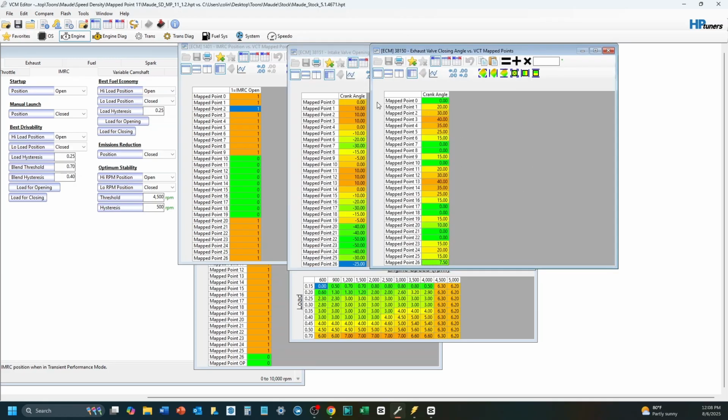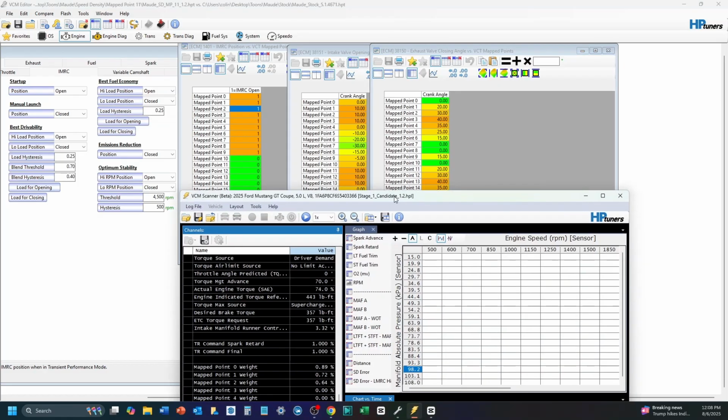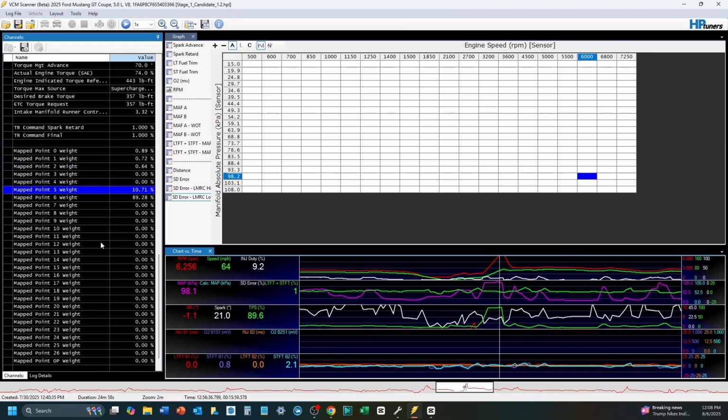Perfect. You can see, like other generations, 0 through 9 and then 10 through 19 are copies of each other. They're exactly the same crankshaft angles that we're dialing in. One is for when the IMRC is closed, one is for when the IMRC is open. So the way we can now look for this in our tuning is that tables 10 through 19 are tables 0 through 9.